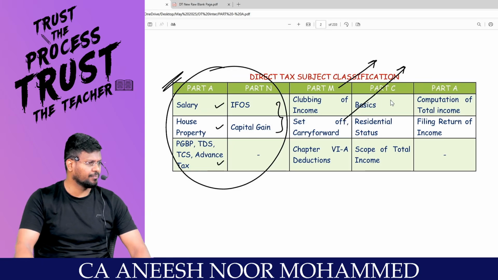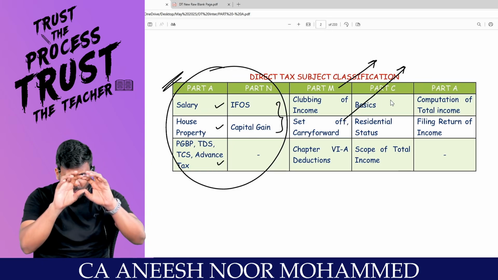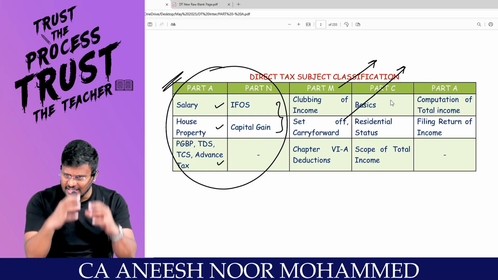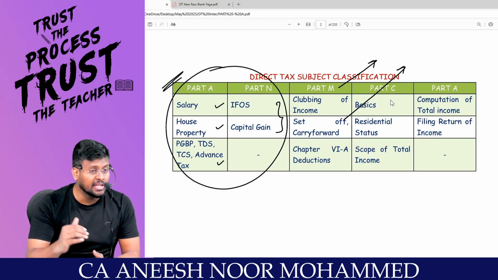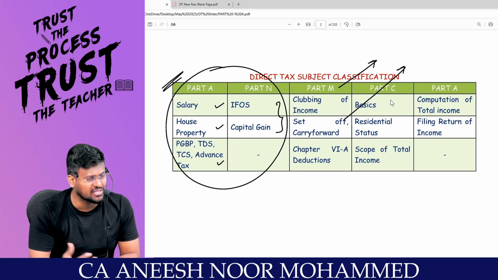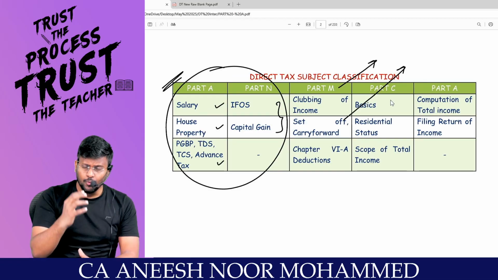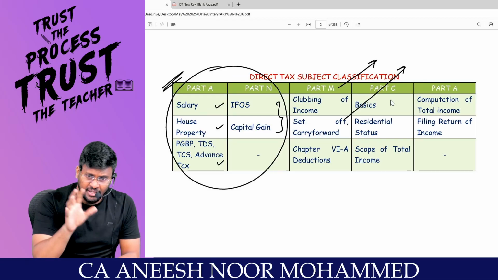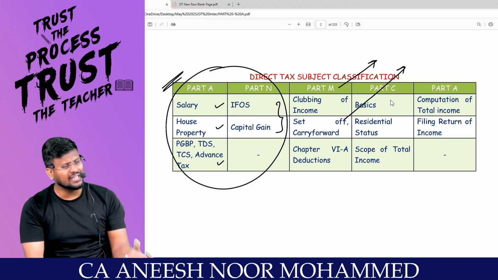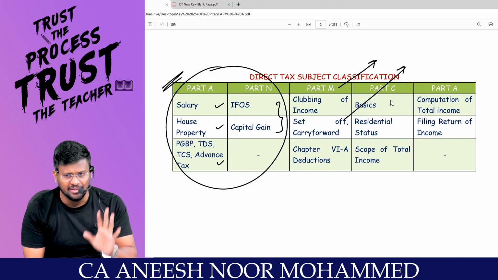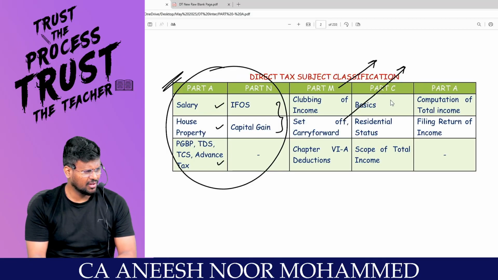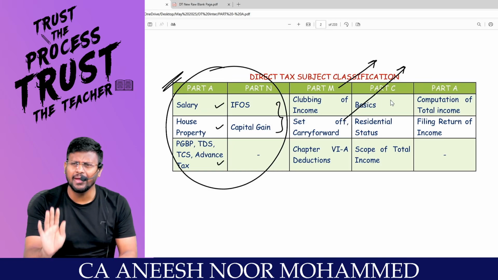Then we have 2 routes, my dear lovable students. Actually, the Income Tax Act has 2 routes: one is the default tax regime and the other is the optional tax regime. If you are traveling through the default tax regime, the Income Tax Act is saying claim less deduction and pay less tax.